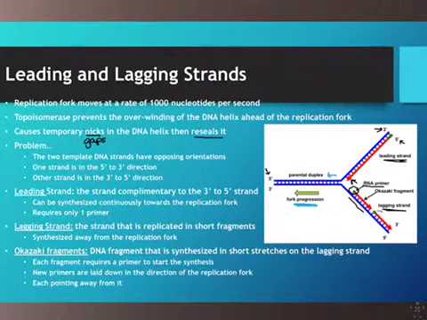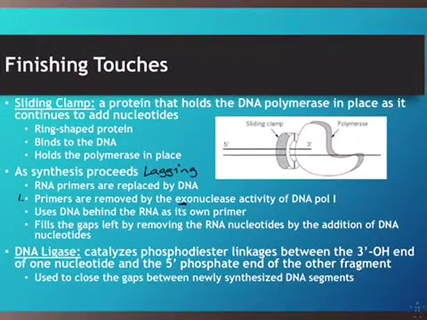Once this green primer is removed, then DNA polymerase 1 will come back to the previous Okazaki fragment and use that Okazaki fragment as the primer to fill in this gap. Okay. So that was step 2. This fills the gaps left by removing the RNA nucleotides by adding DNA nucleotides.